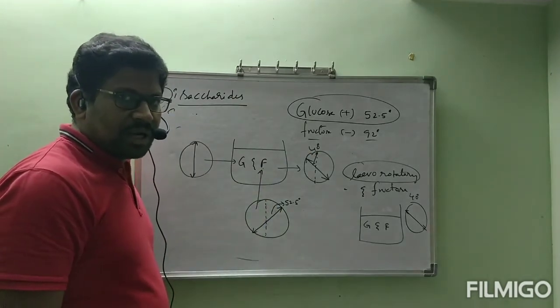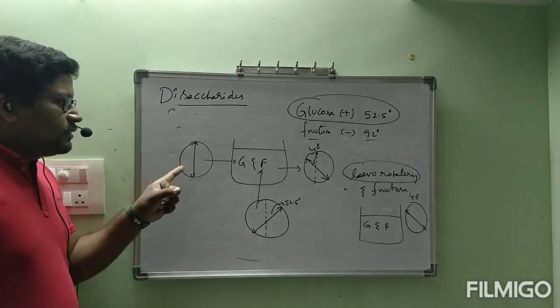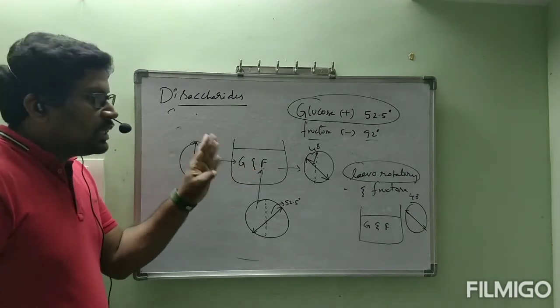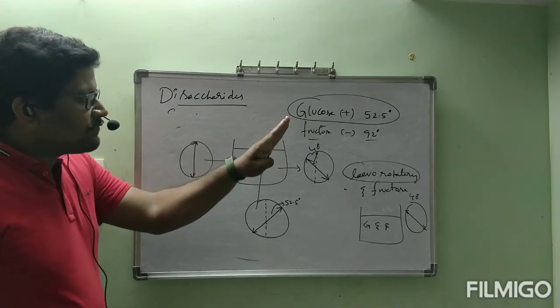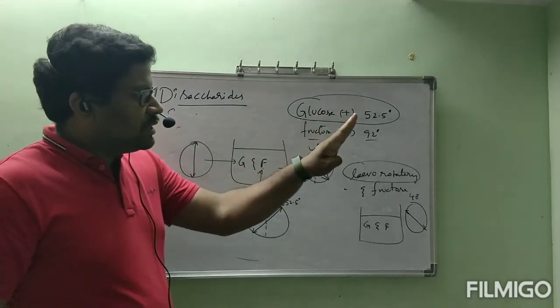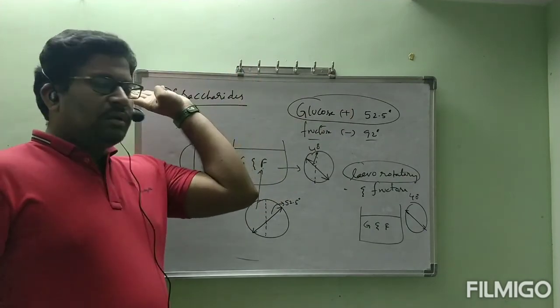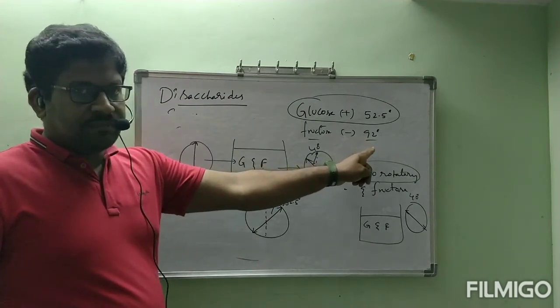You understood now, all of you? I hope you are clear. When this light is passed through glucose and fructose solution, first it touches the glucose and is turned 52.5 degrees. Then it touches fructose and comes back to normal, 52.5 over. Then again it turns left 40, because in total it should rotate 92 degrees.